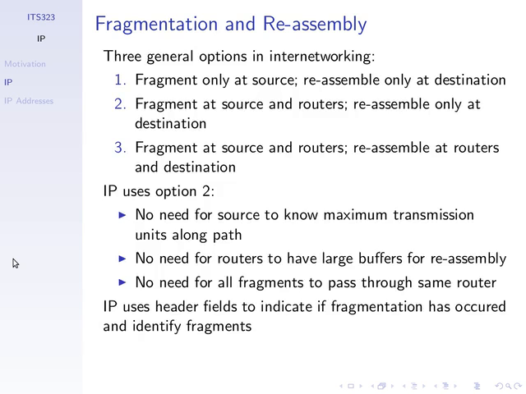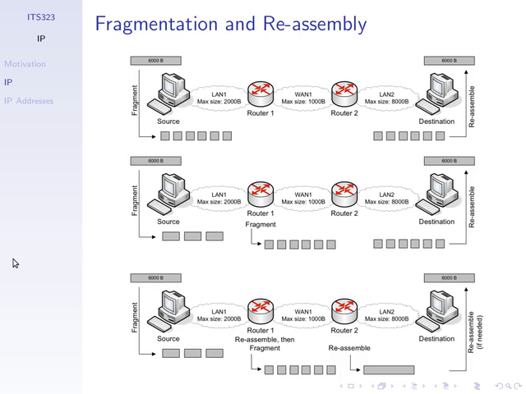Going back, fragmentation and reassembly. Our subnets normally specify the maximum size of a frame that we can send across the subnet. In Ethernet, the maximum size frame was 1,500 bytes. So if we have a datagram larger than 1,500 bytes, say 3,000 bytes, we need to fragment it because we cannot send anything larger than the size specified by the subnet technology.